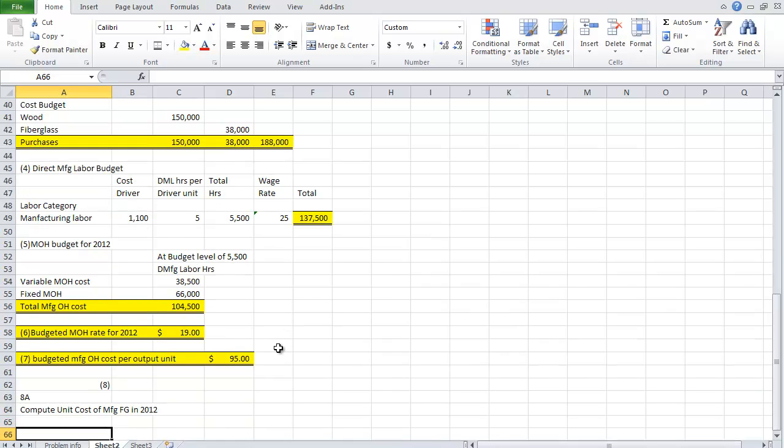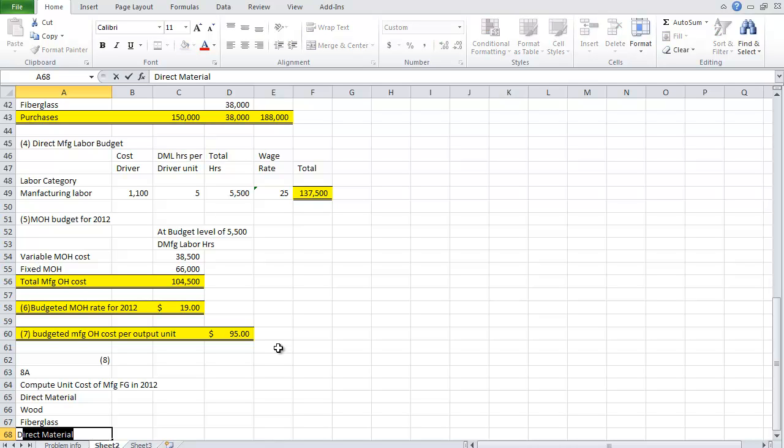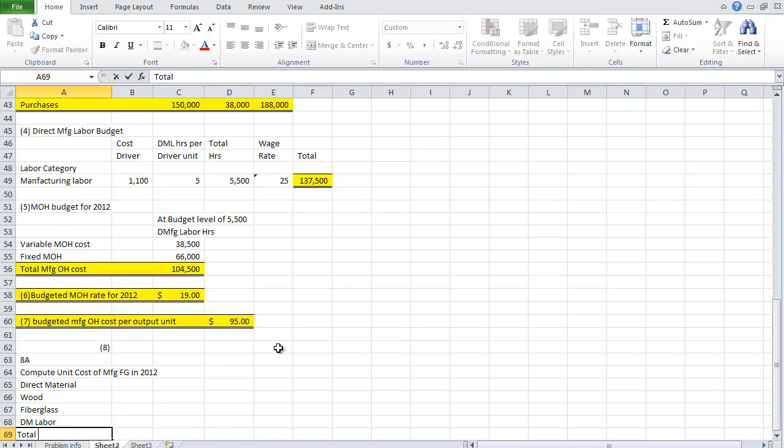In order for us to get this, we're going to need to set this up. We'll have direct materials. We know we have wood, we have fiberglass, and we have direct manufacturing labor. And that is what we have for total manufacturing overhead. Up here, we want to put our cost per unit, and these are our inputs.